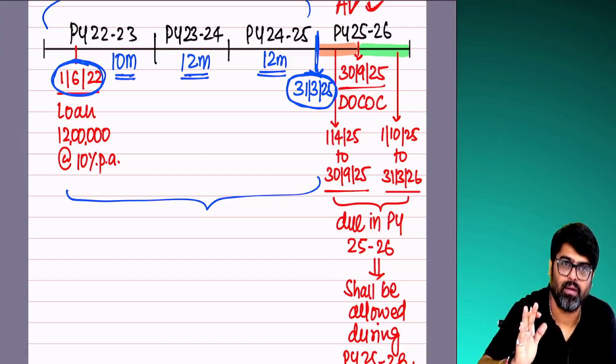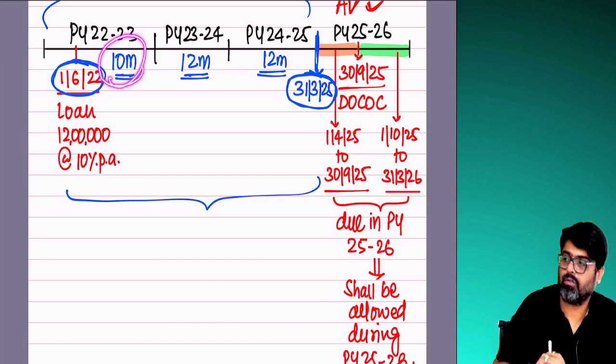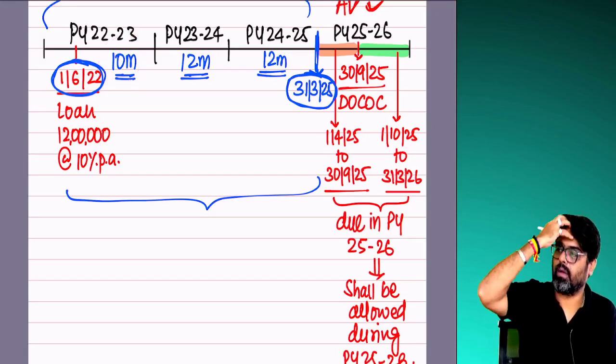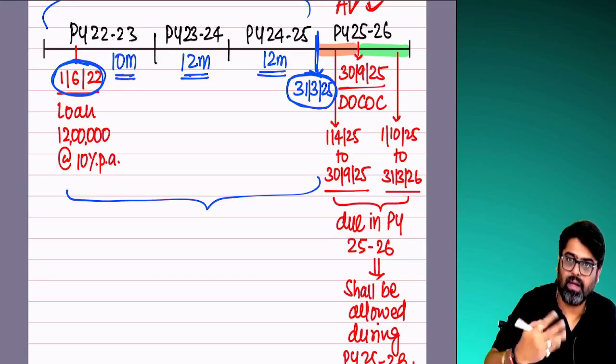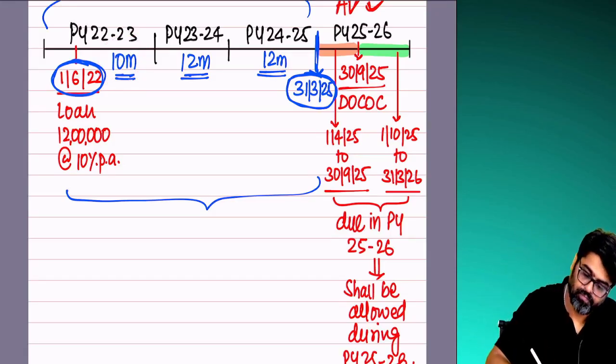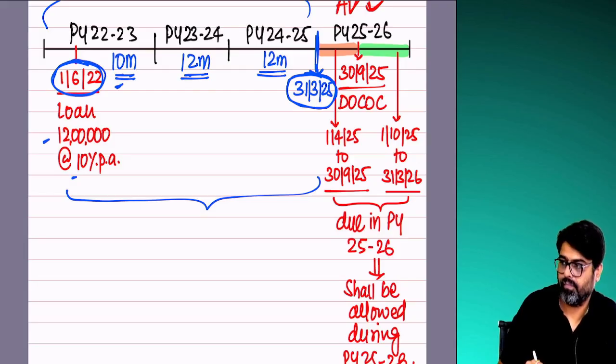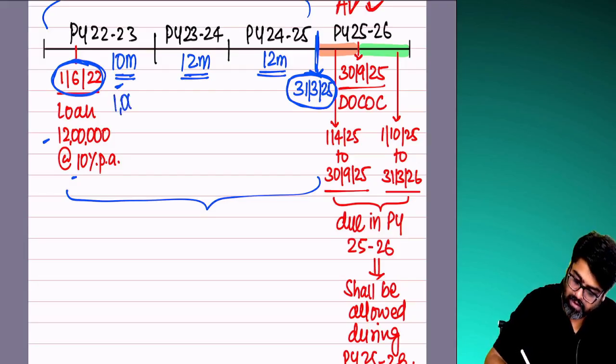So tell me, for these 10 months, you have given interest or you have not given interest? Given interest, no? How much? 12 lakh into 10% into 10 upon 12. 1 lakh interest for this year.